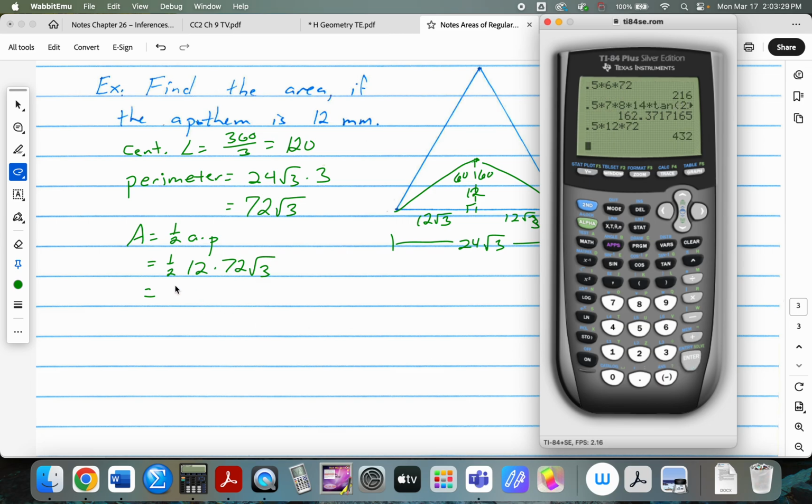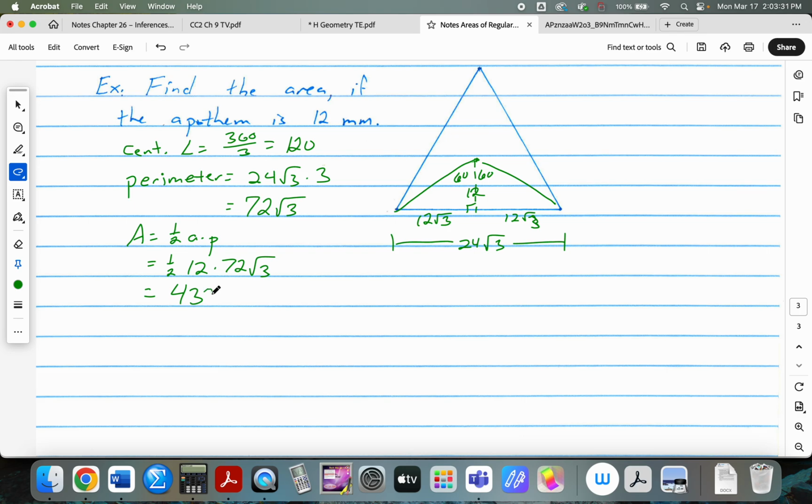Yeah. 432 square roots of 3 square millimeters. Any questions about that?